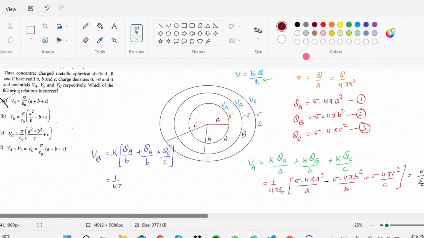Let's substitute values here. K is 1 by 4 pi epsilon naught, and QA is sigma into 4 pi.